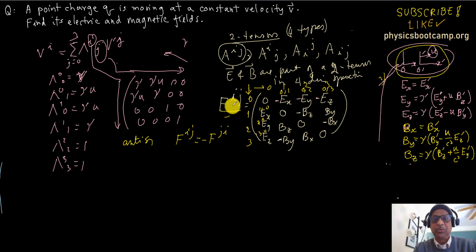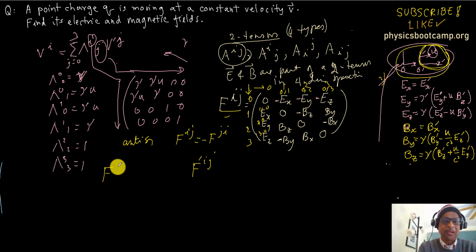So now we have two indices. If in this prime frame you have an F prime ij, how does it become F?